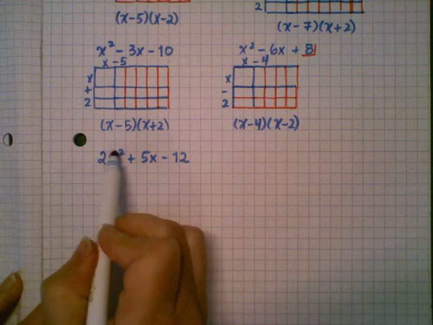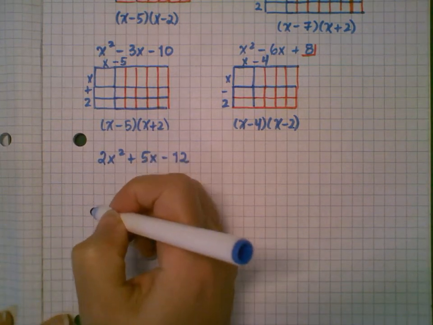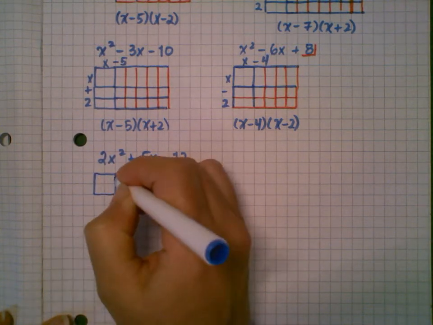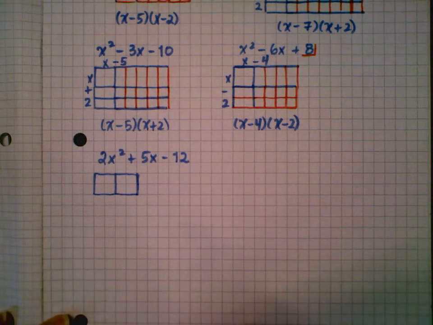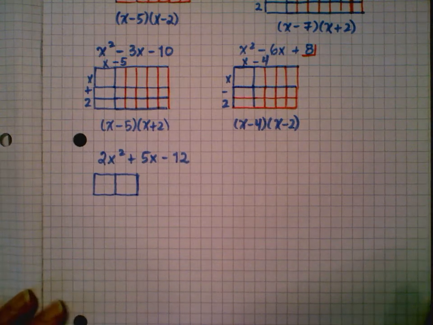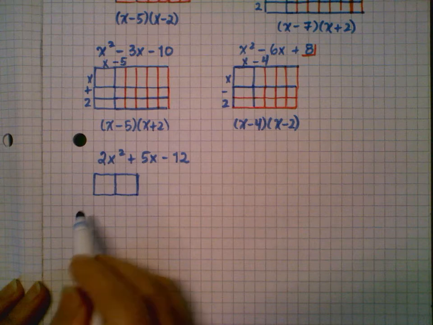So in this case, the squared value, there are 2 of them. So when I draw my model, I am going to draw 2 of those little squares. And I'm using 2 by 2 as my default for my square values, just because I'm trying to conserve paper. I could make them larger if I wish. It doesn't make any difference.